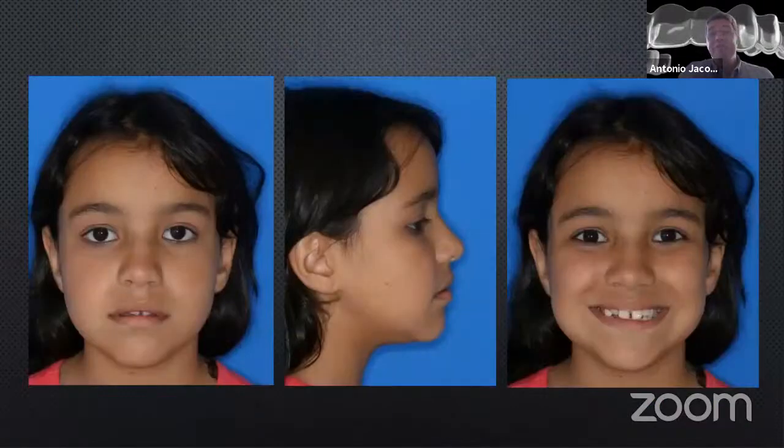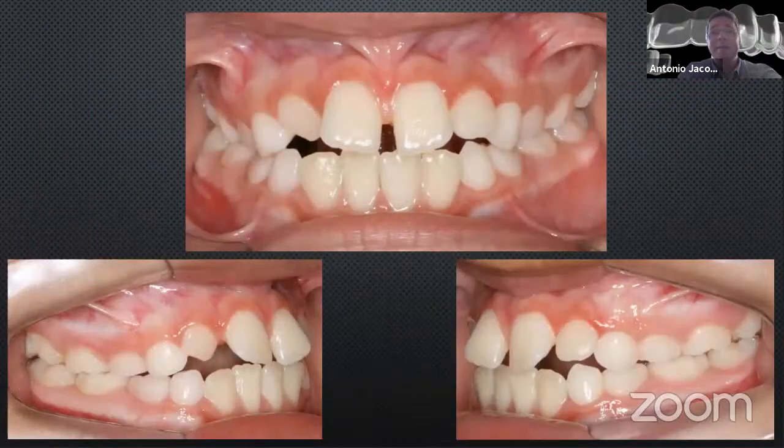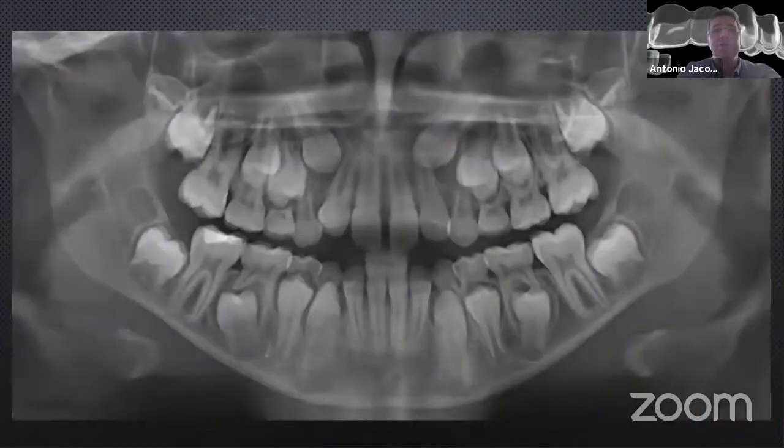This is another case very similar to this one. This will be the last case that I'm showing of how we can manage the space and the possibility of an impacted canine. So at this time, she was about 8 years old.